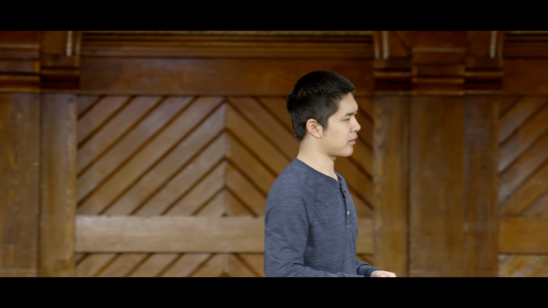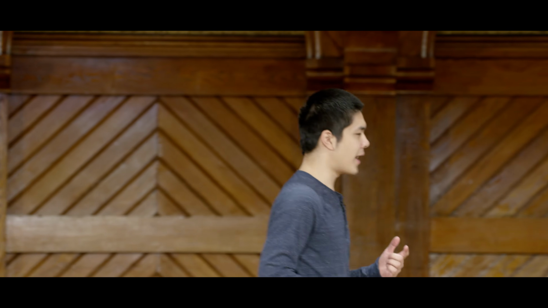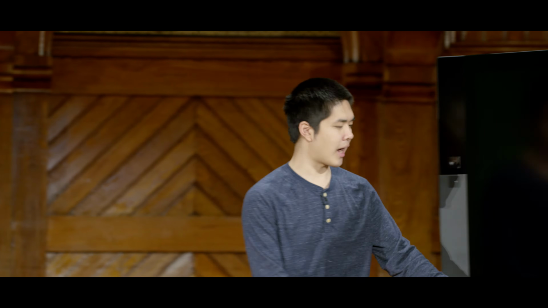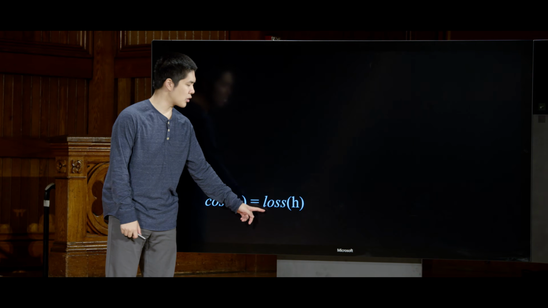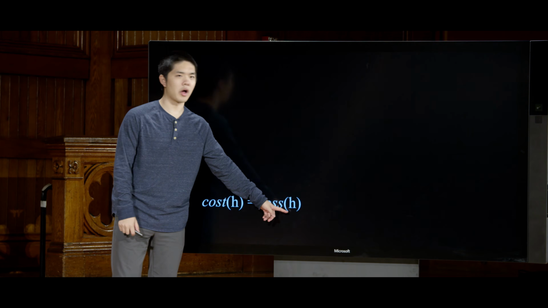We'd like strategies to make sure that we haven't overfit our model to a particular data set. And there are a number of ways that you could try to do this. One way is by examining what it is that we're optimizing for. In an optimization problem, all we do is we say, there is some cost, and I want to minimize that cost. And so far, we've defined that cost function, the cost of a hypothesis, just as being equal to the empirical loss of that hypothesis.